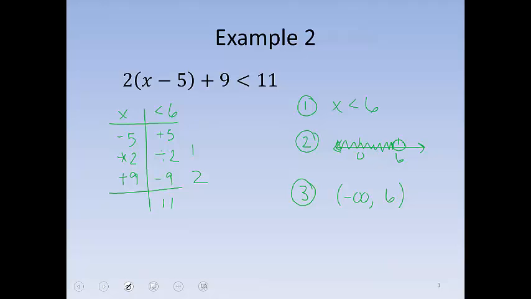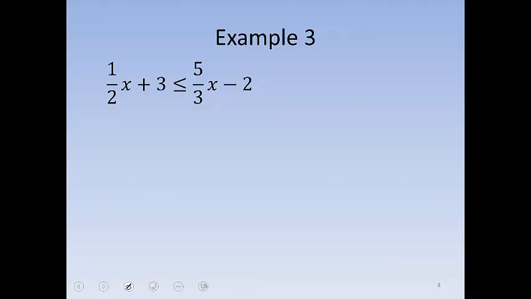Got another example for you. Let's take a look at this one. This one's got some fractions, so we're going to use a different method. It also has x's on both sides, so I am going to have to use a couple different steps here. If I want to eliminate a 1/2 and a 5/3 and get rid of the denominators, I'm going to choose to multiply everything by a 6. When I do that, 6 times a half is 3.